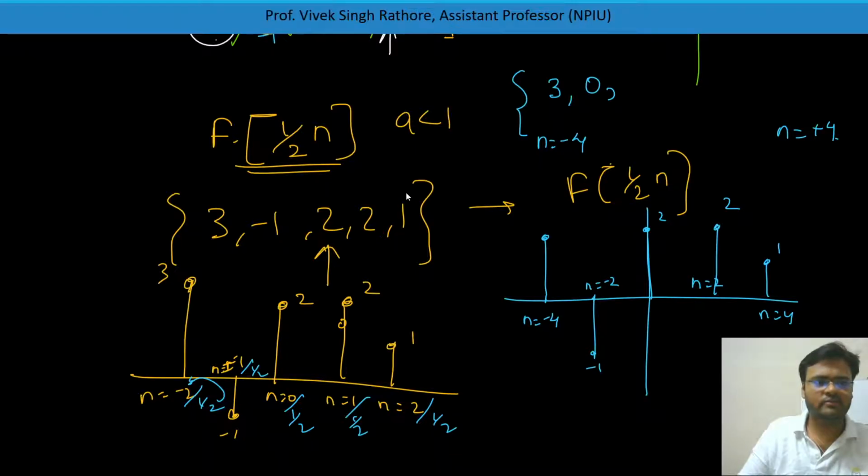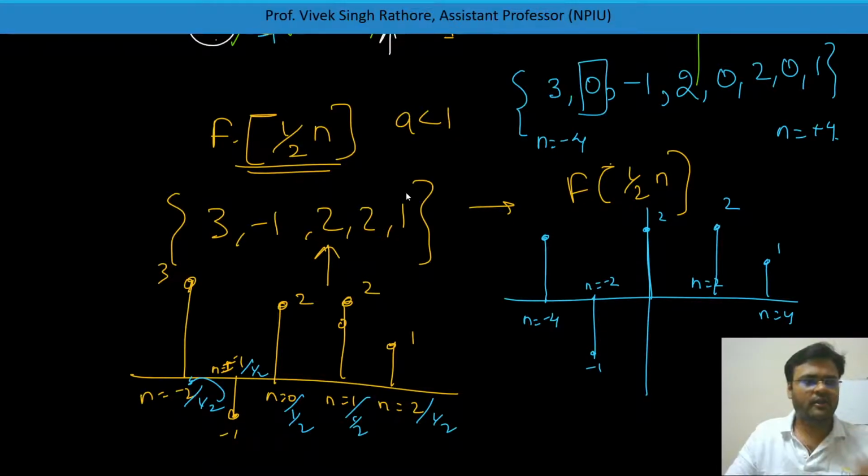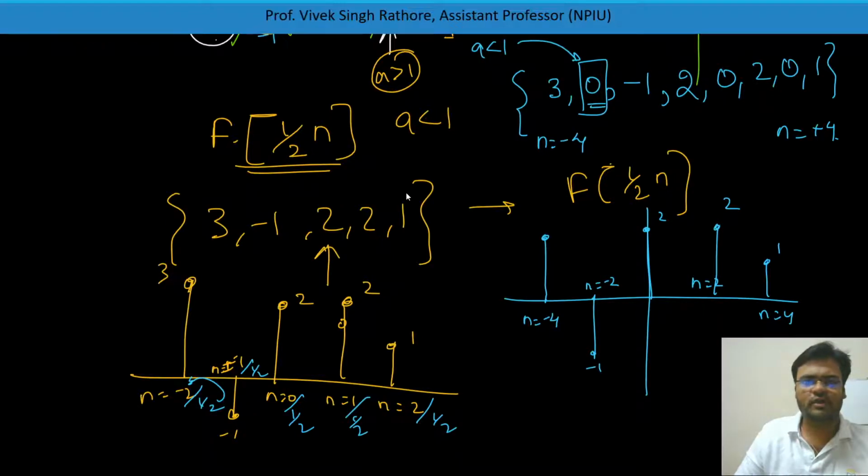For n is equal to minus 2, we'll write minus 1, then 0, then 2, then 0, then 2, then 0, and then 1. You can understand it as some 0 values we are introducing. Earlier, when a was greater than 1, there was loss of samples, and when a is less than 1, there are more samples which are 0 values. So this technique is called zero padding.